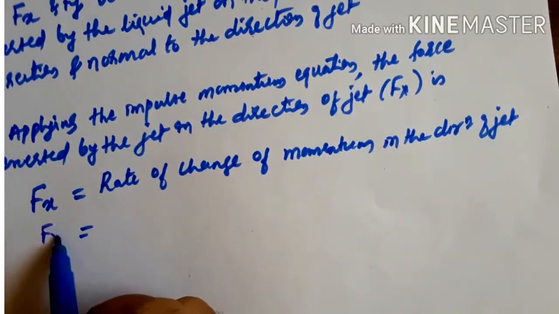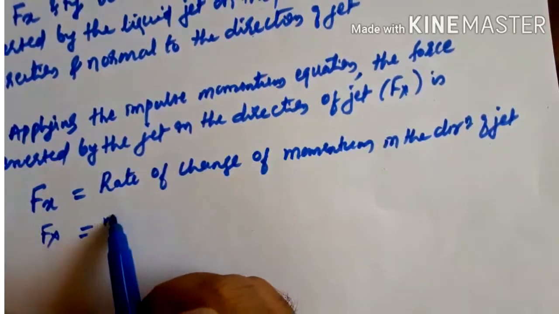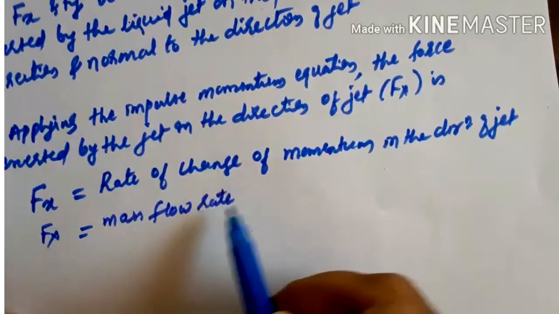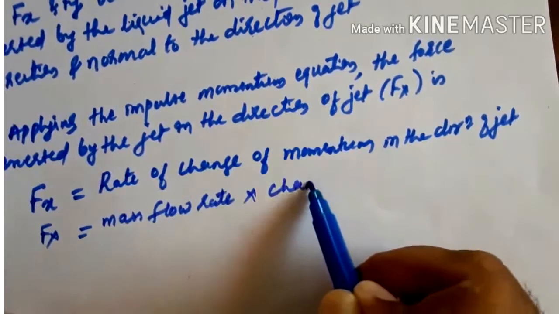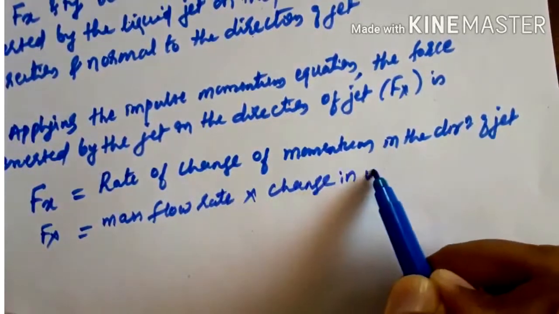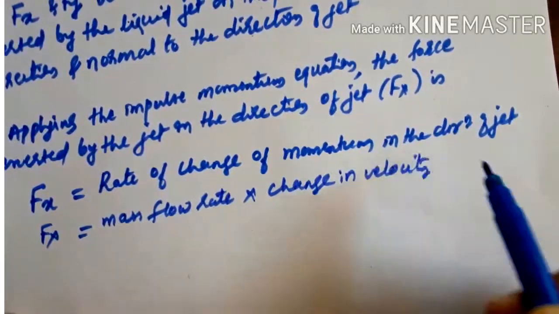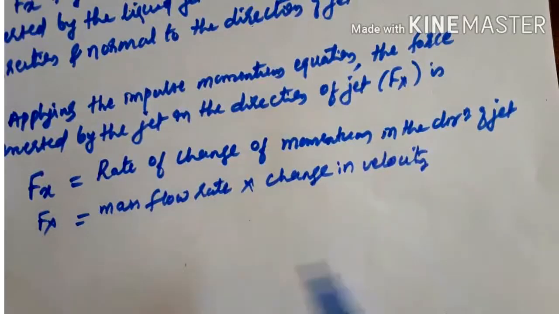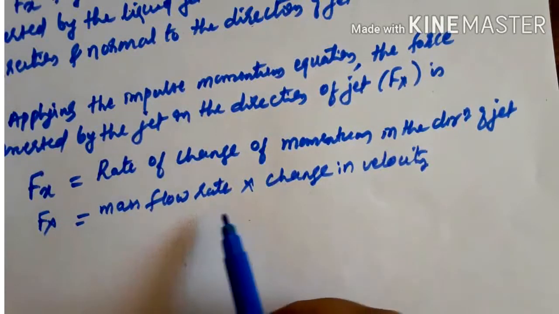That Fx will be what? Mass flow rate into change in velocity, because we know momentum equals mass into velocity. Since we are taking the impulse momentum equation, Fx equals mass flow rate into change in velocity.